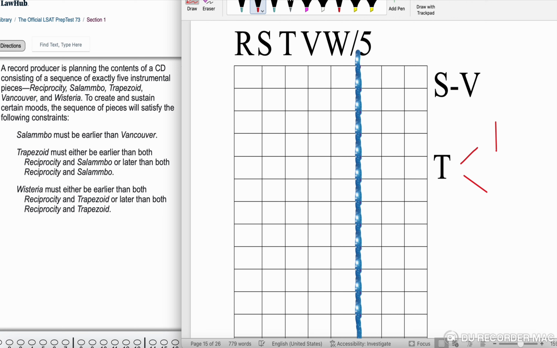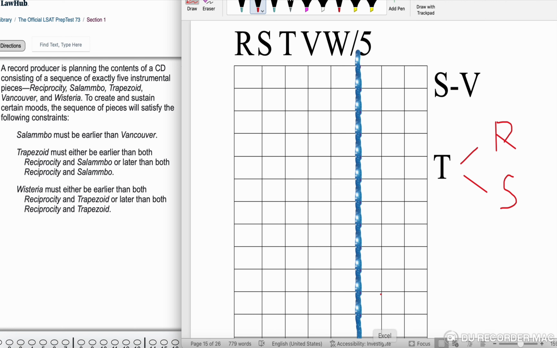R. And then we're going to put S. Or later than R and S. So T must be earlier than R and S, or it could be later than R and S.